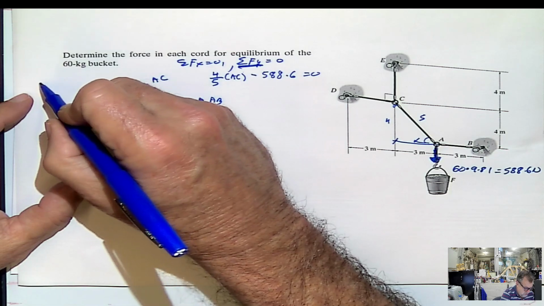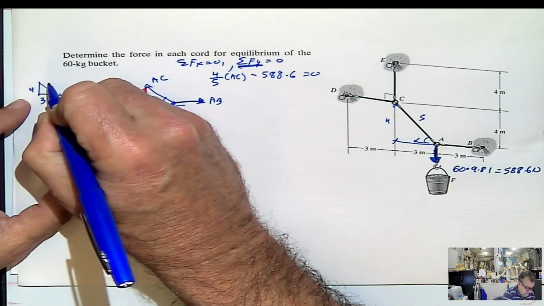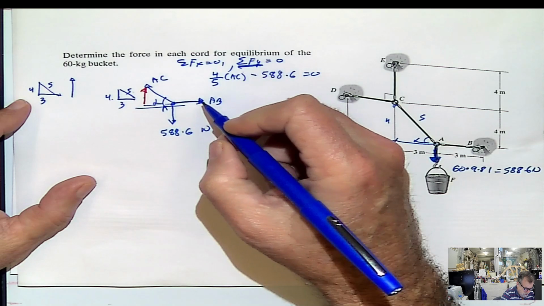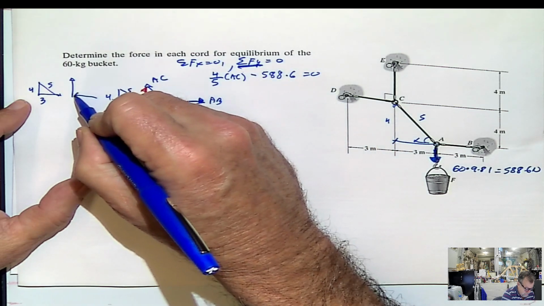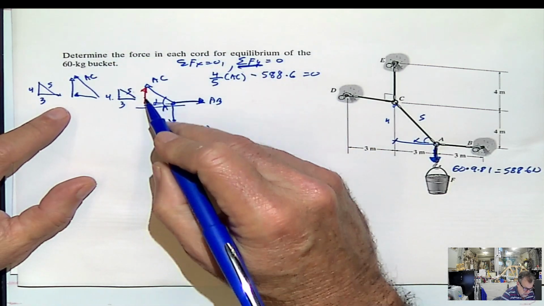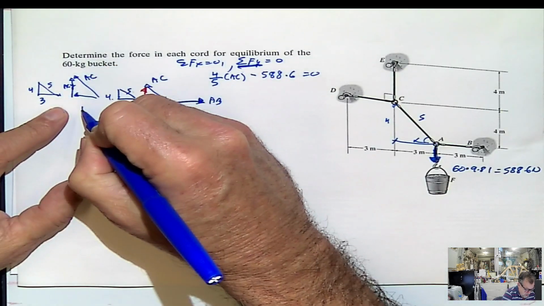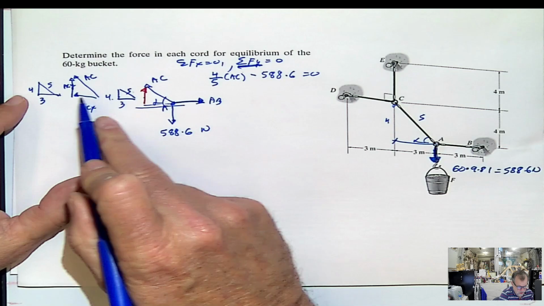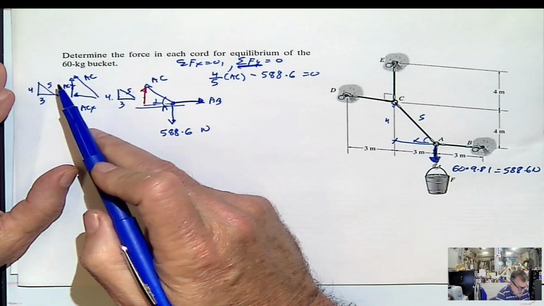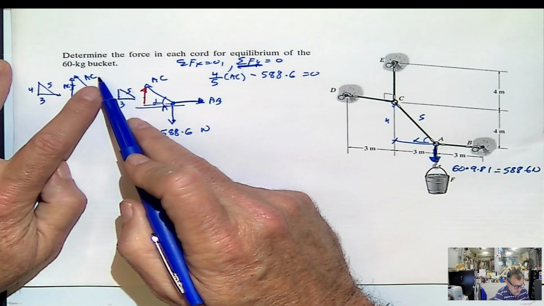So remember, you have a geometric figure, 3, 4, 5, and then you have a triangle of forces here. You have this, this, and that. This is AC. This one here, I'm going to call it ACY and ACX. So if you have these two triangles, and those are similar triangles, basically you can say 4 divided by 5 is equal to ACY divided by AC.